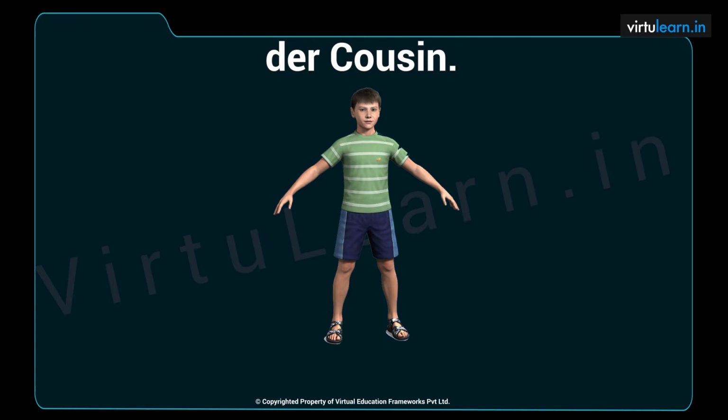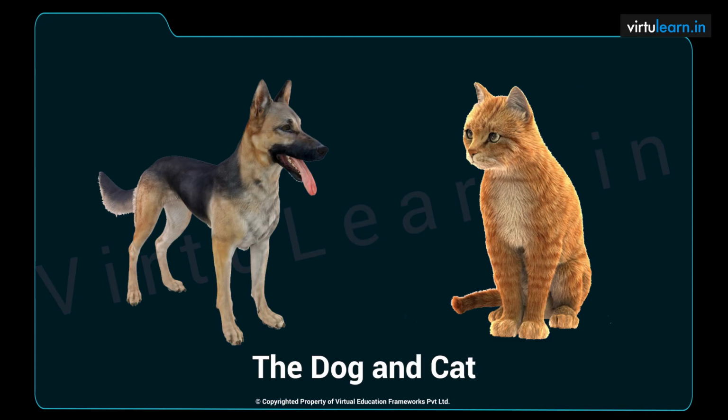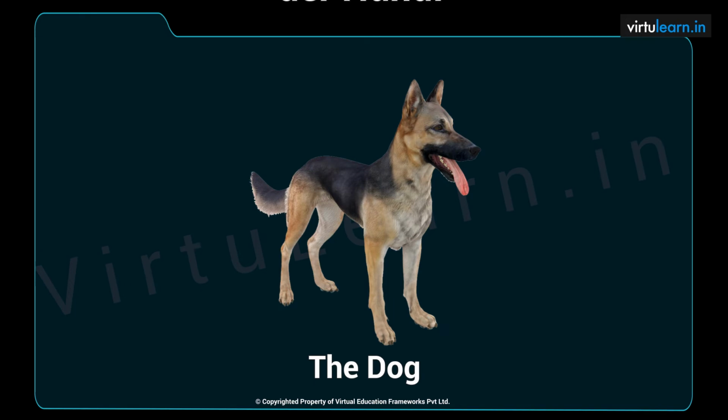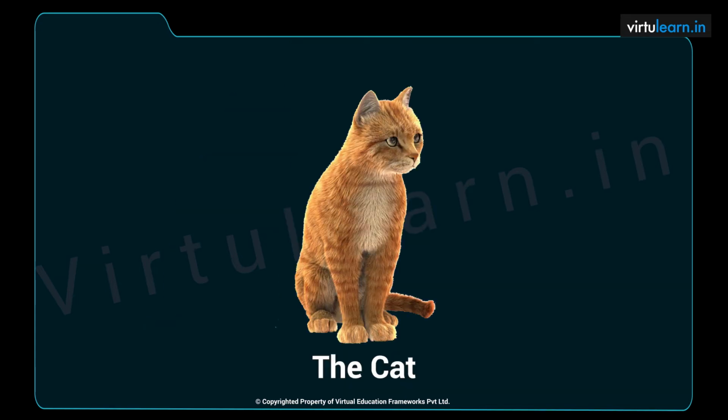Germans treat the pet animals as one of their family members, and the most wanted pets in German families are a dog and a cat. So the dog is called der Hund, masculine, and the cat is called die Katze, feminine.